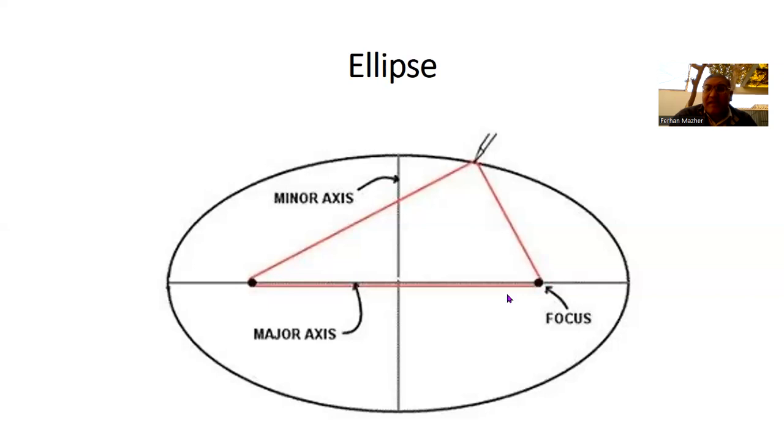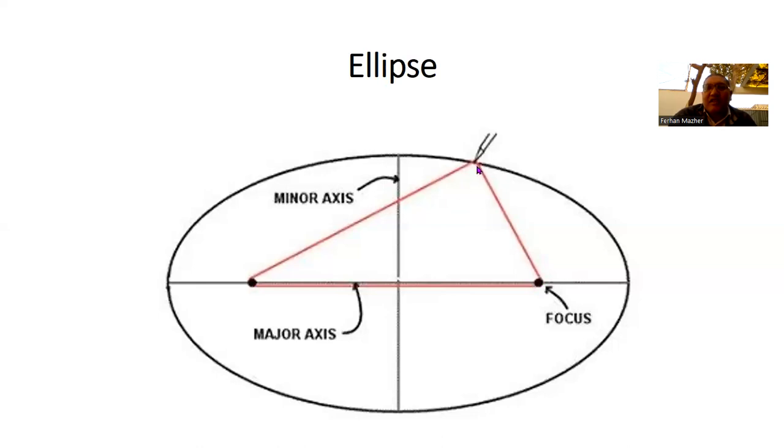Then take a thread which cannot be stretched, make a loop of that thread, and pass it under this pin and under this pin, like we have shown here.